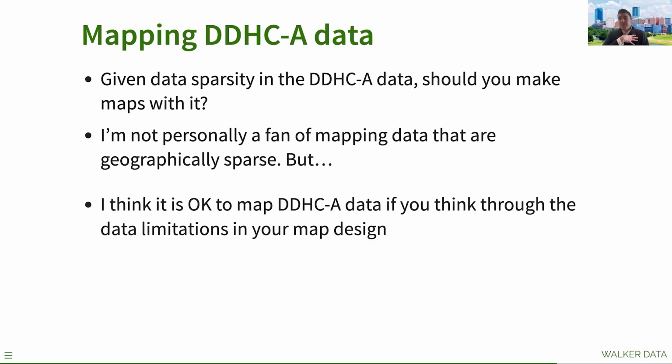I say I'm not personally a fan of mapping data that are geographically sparse, but I think it's okay if you think through the data limitations. So ask yourself, what are the limitations in my data and how can I still communicate effectively? Let's spend a little bit of time talking this through.